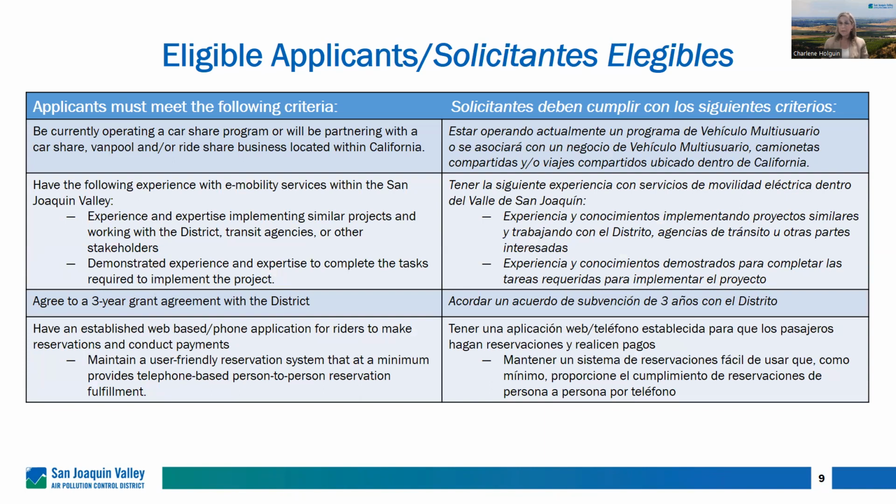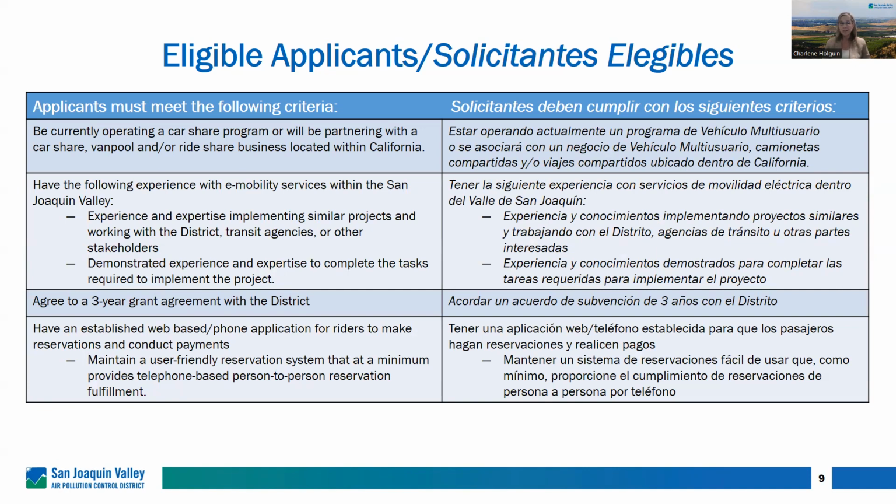We're going to spend a couple of minutes on the next couple of slides to discuss eligibility for all the applicants and the criteria that the applicants must meet. So we ask that they are currently operating a rideshare program or partnering with someone that has a carpool or vanpool, and the business is located in the state of California.